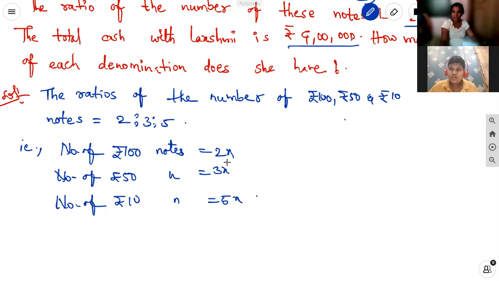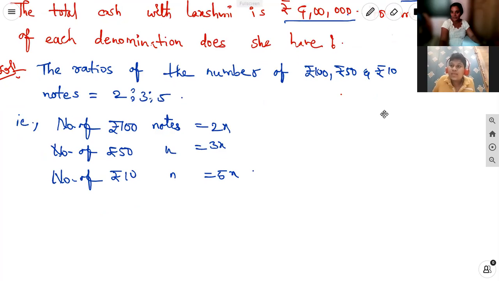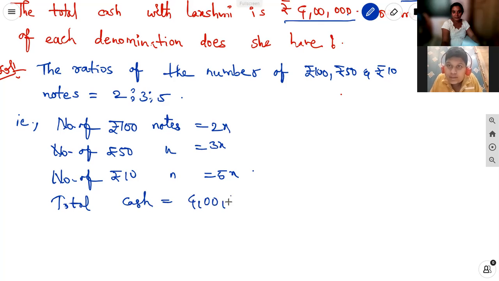Adding all of these, we get the 4 lakh amount. So the total cash equals 4 lakh rupees.